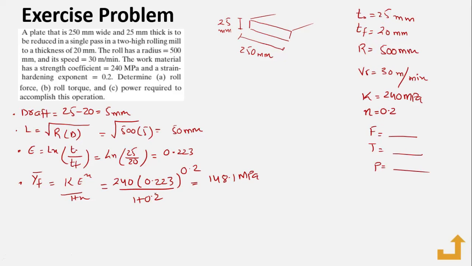So now we have the average flow stress, we have the value of the contact length, we know the width, so we can calculate the rolling force. So rolling force would be YF, that is 148.1, into W, that is 250, into the contact length, that is 50.